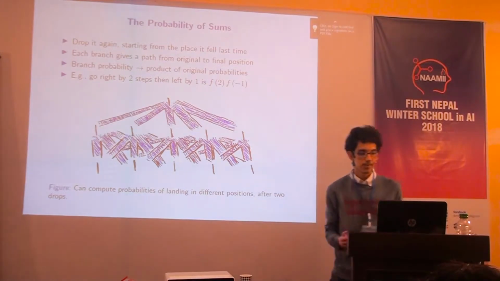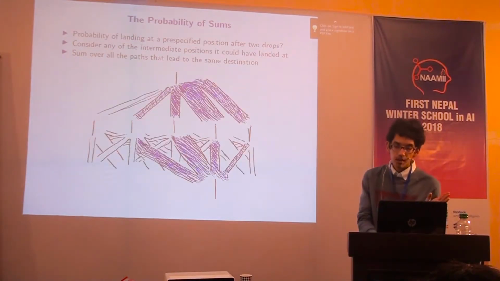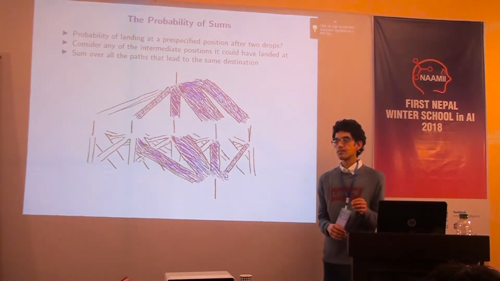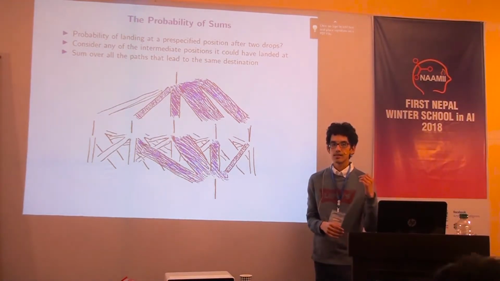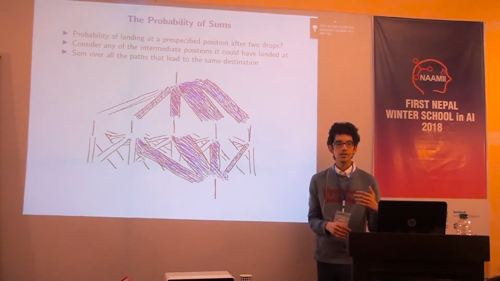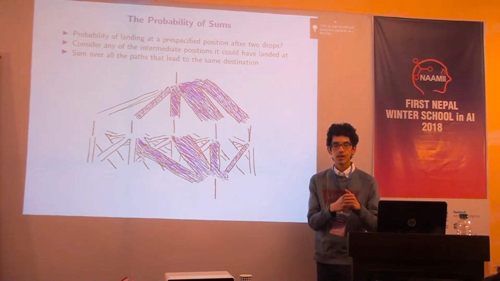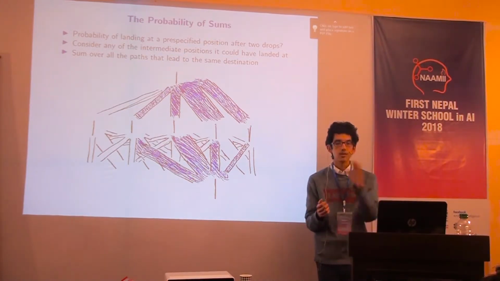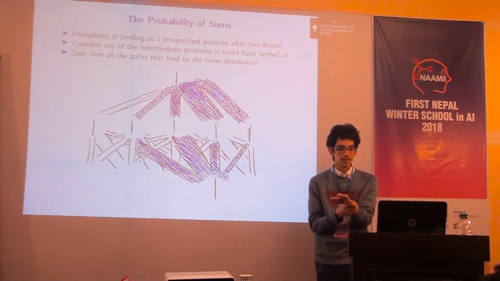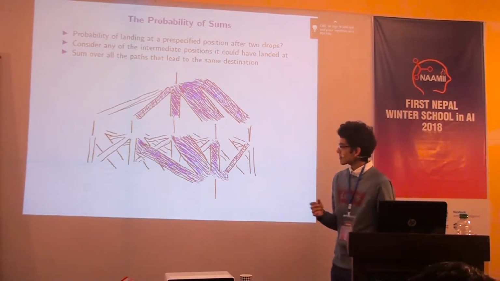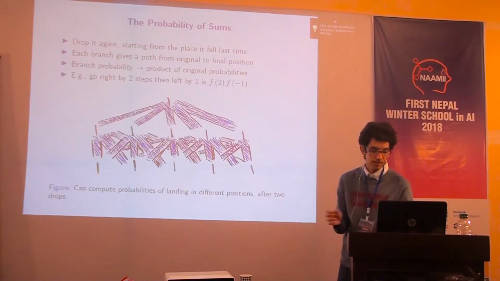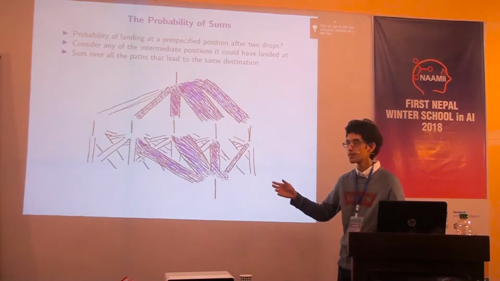OK. And where does convolution come up? The way I'm going to get there is that convolution is what happens when you add random variables. But you'll see that in a little more detail soon. So in this previous one, I'm showing all the branches.